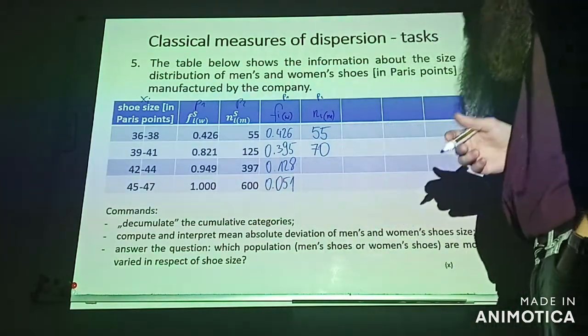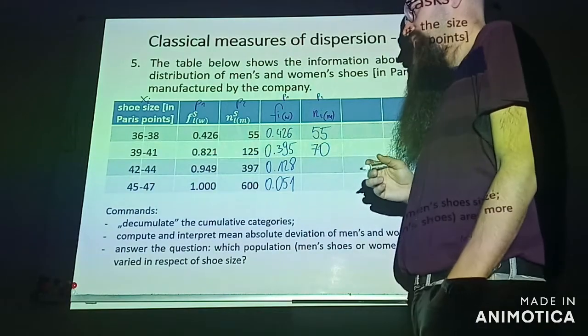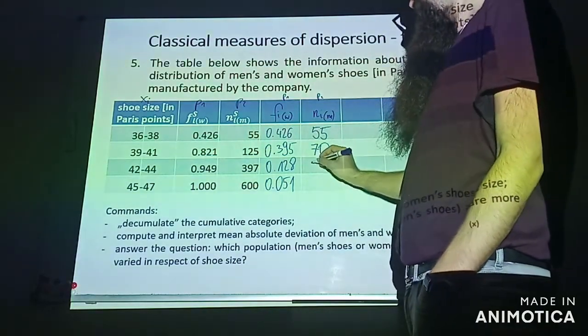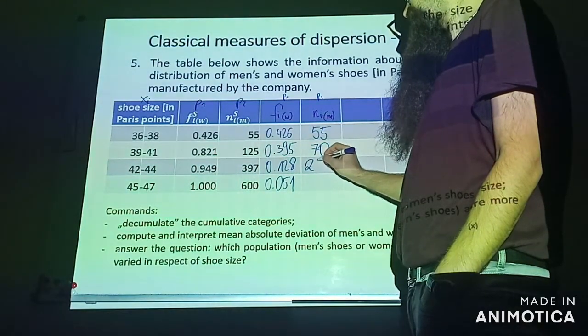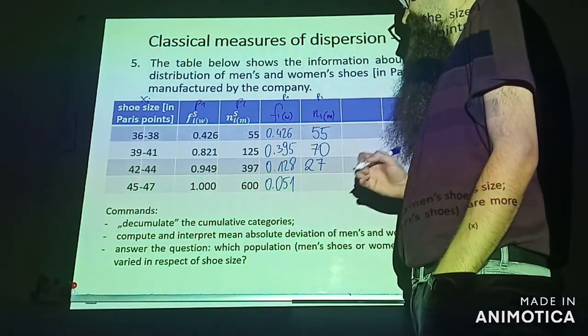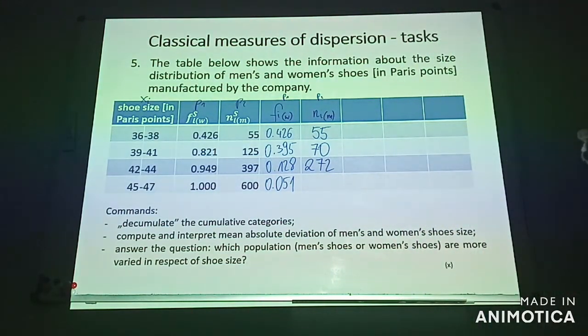And now we have the difference between 397 and 125. It's of course 272.